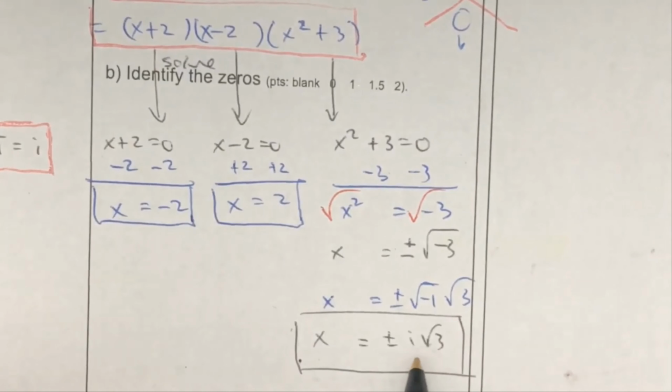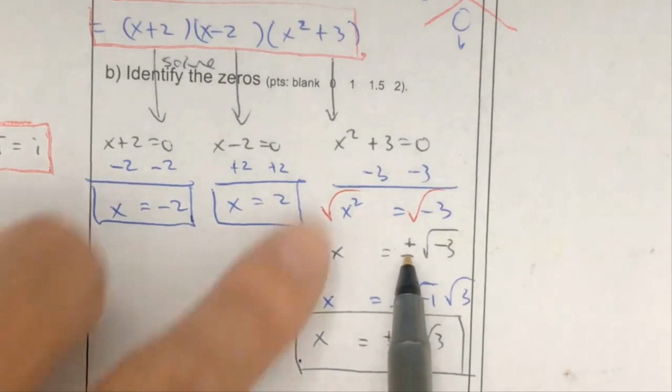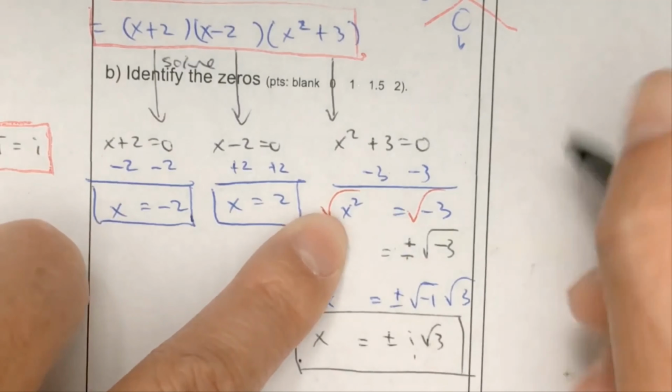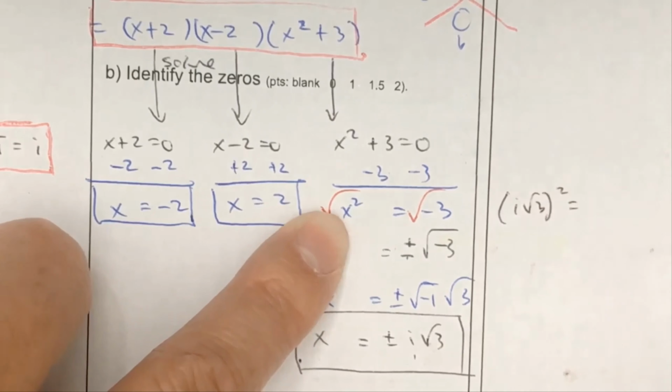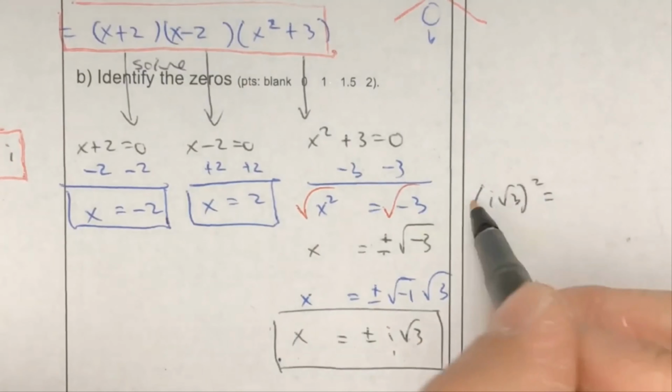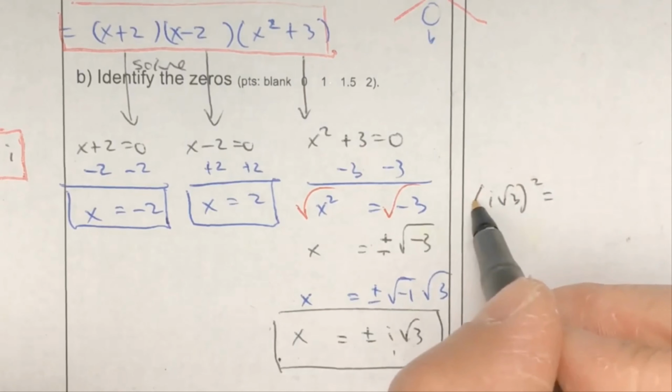Again, the reason why you have to write that plus or minus is because now if you take one of these, something like i radical 3 squared, i squared is negative 1.